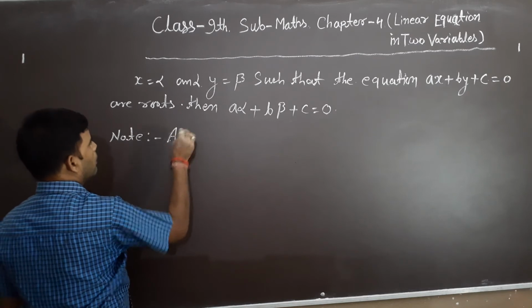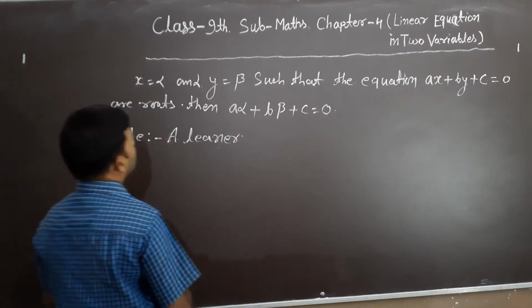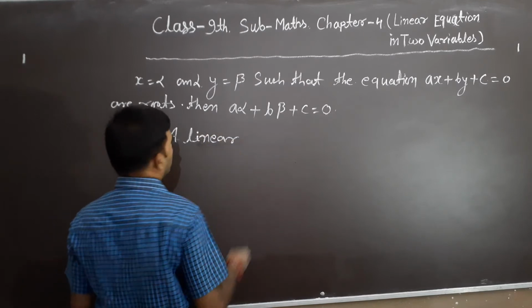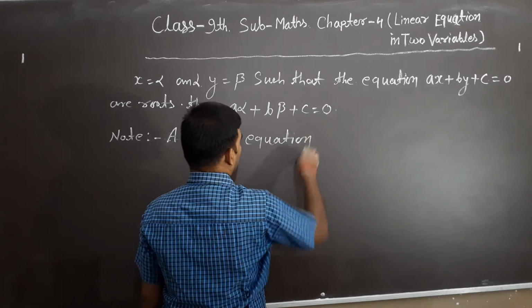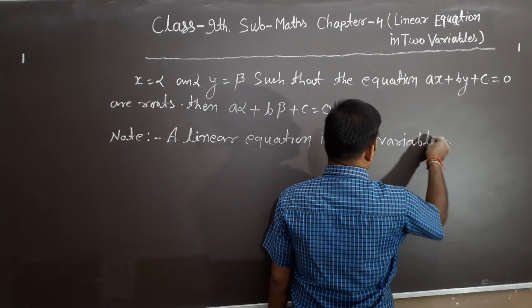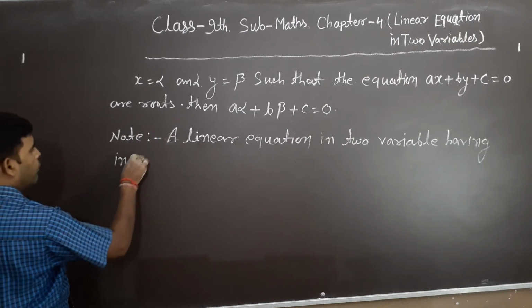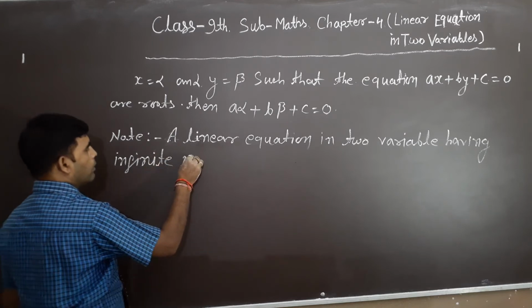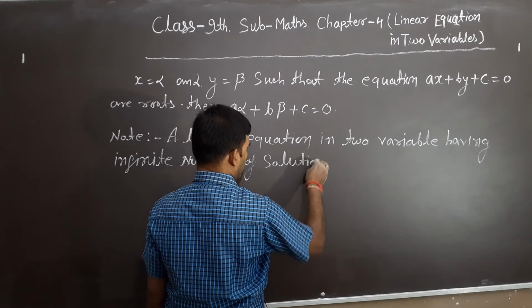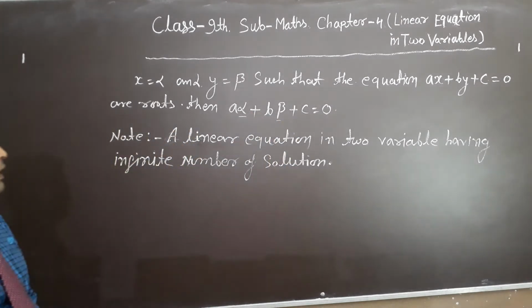A linear equation in two variables has an infinite number of solutions, because each variable of the given equation depends on the other.